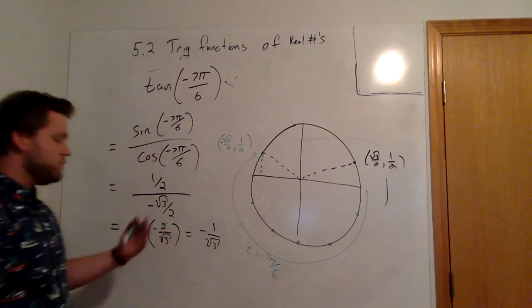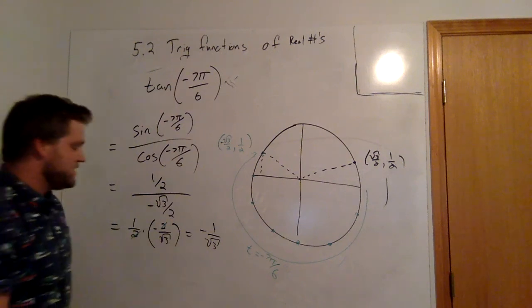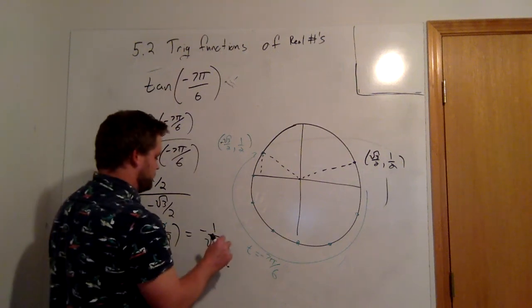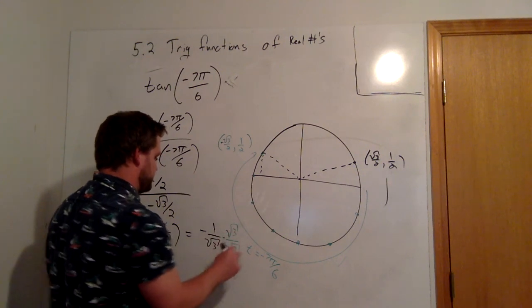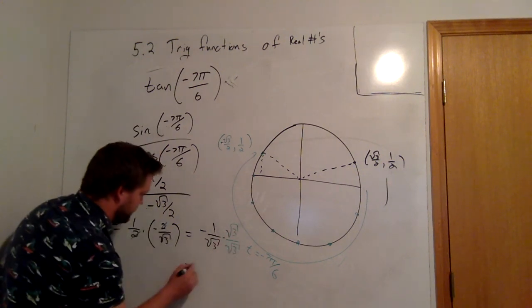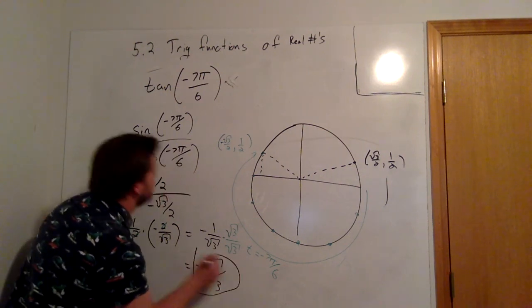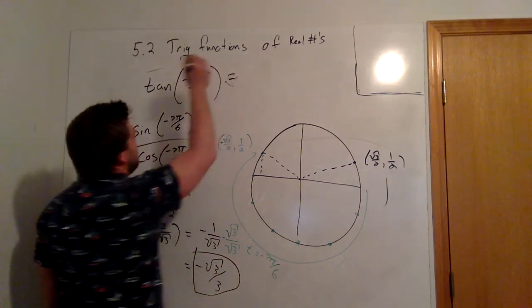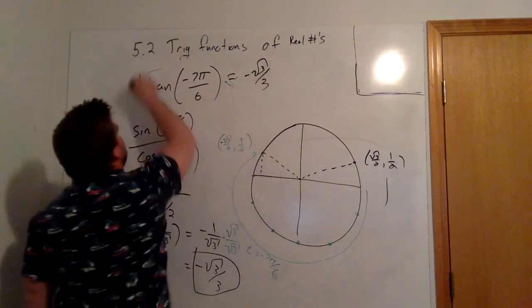I'm oftentimes fine with answers like this, but if you're checking your answer in the back of the book, they're always going to want you to rationalize the denominator. So I'm going to multiply this by root 3 over root 3. Best trick in the math book. What are we going to get? We're going to get a negative root 3 over 3, which is the answer. Tangent of negative 7 pi over 6 is negative root 3 over 3, and that's the answer.